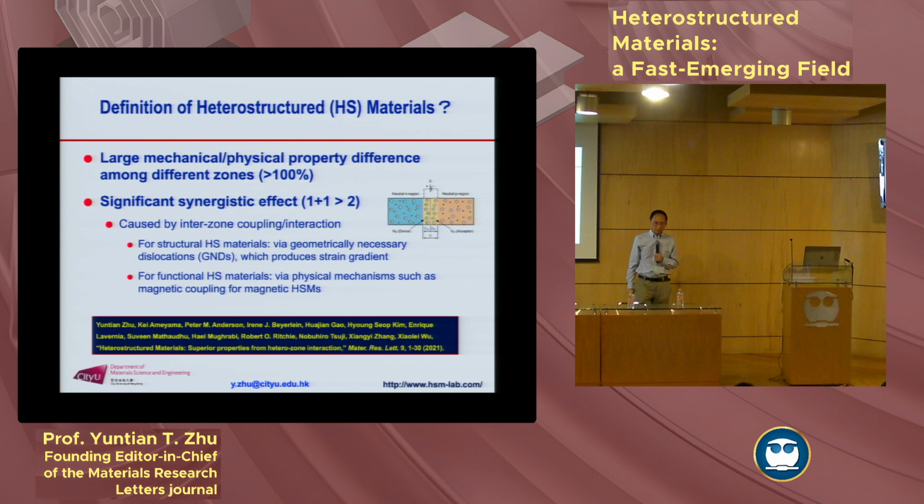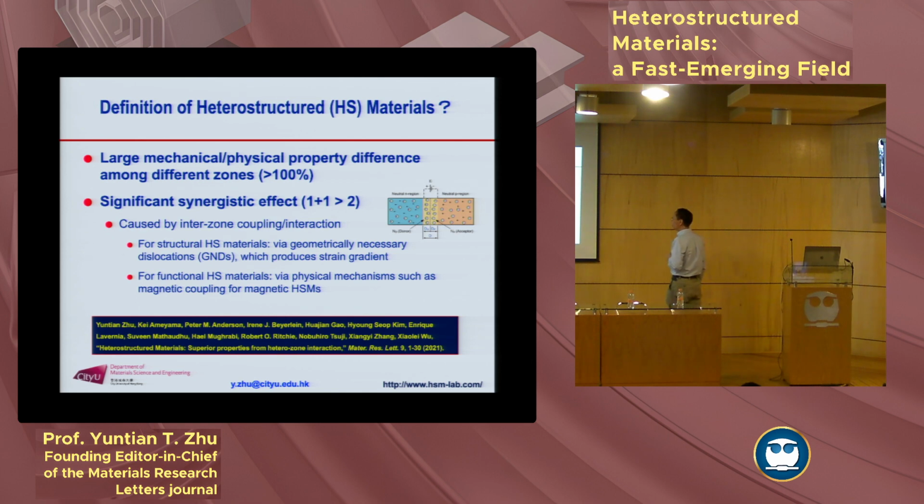I call this 1 plus 1 larger than 2, because if you have two components and you put them together, the overall strength should be higher than what you get from the rule of mixture. Got to be 1 plus 1 larger than 2. Got to have some extra good effect.